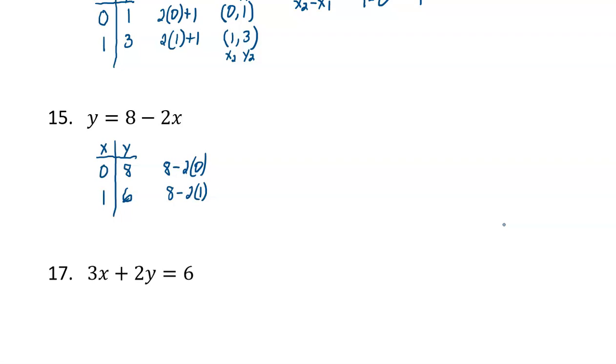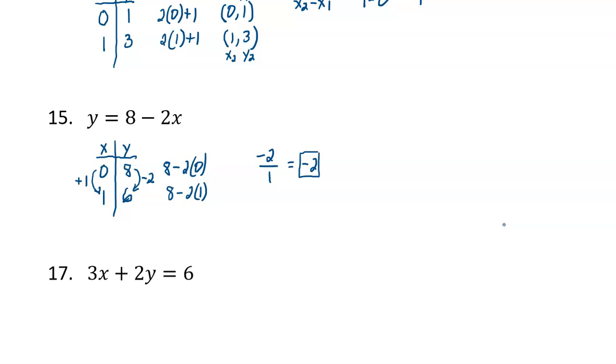How are the y values changing from 8 to 6? It's decreasing by 2. How has the x value changed from 0 to 1? It's increased by 1. The change in y is -2, and the change in x is +1, and that makes -2.